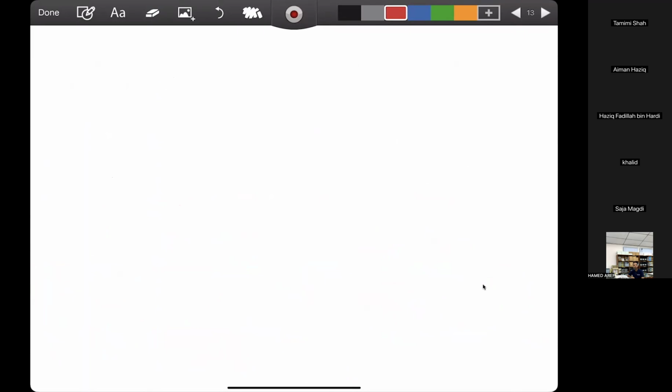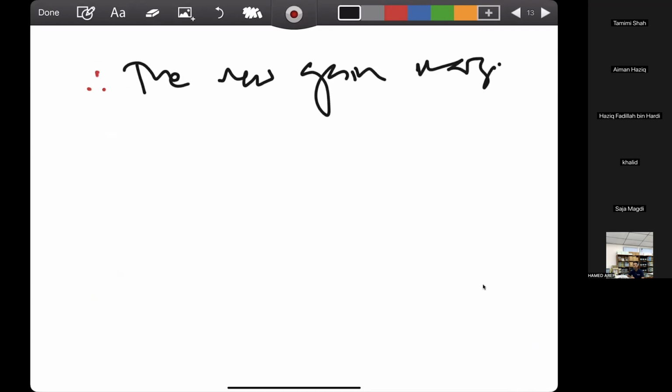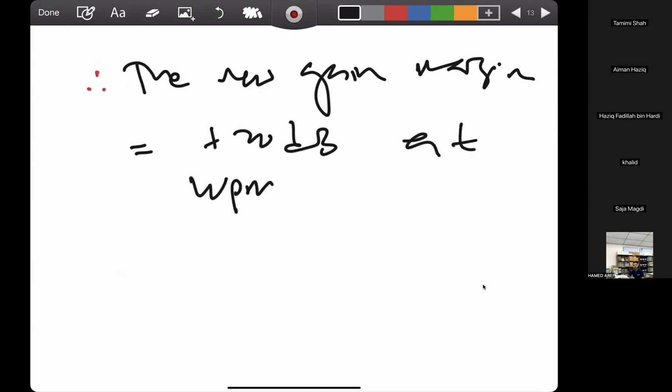So the new gain margin now is how much? The new gain margin is about 20 decibel at omega PM 25 radian per second.